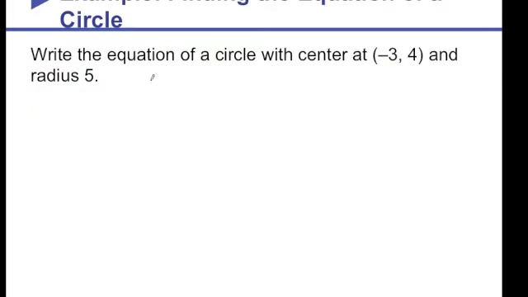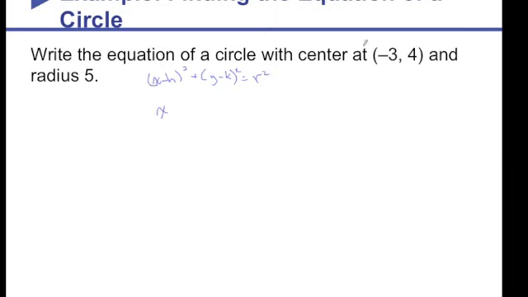Here we have to write the equation of the circle with the center at (-3, 4) and radius of 5. Now remember, our standard form is x minus h, the quantity squared, plus y minus k, the quantity squared, equals r squared.